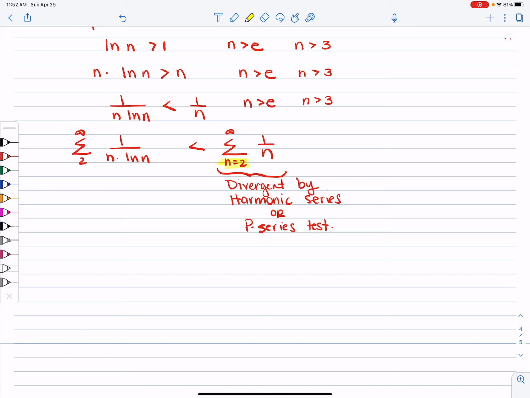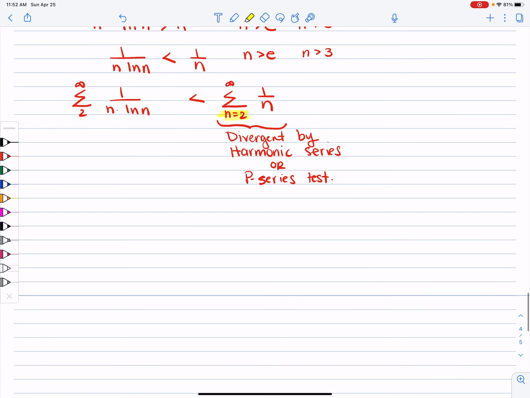Here we are saying that the larger series is divergent. And remember that if the larger series is divergent, then we cannot make a conclusion about the smaller series. So we can say that the comparison test is inconclusive. So we cannot use the comparison test.